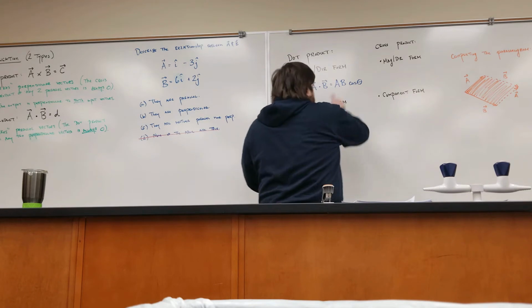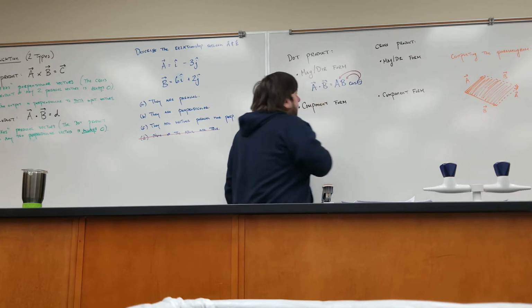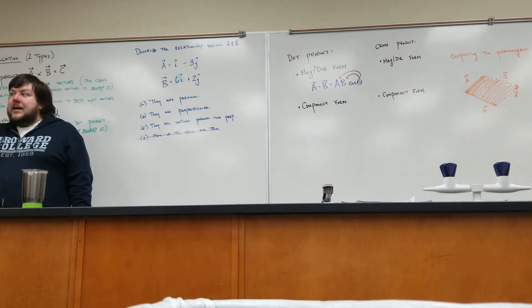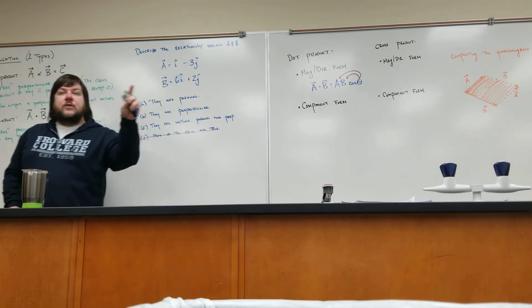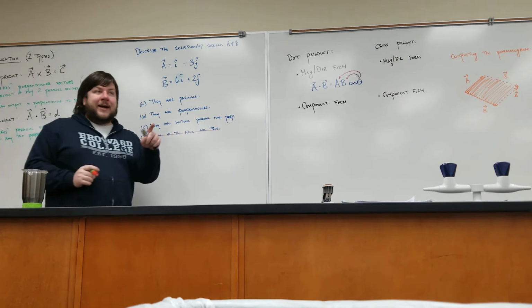As far as this equation is concerned, theta is specifically the angle between the two vectors A and B. It's not the direction of A on its own, nor is it the direction of B on its own. It's the relative direction between the two.